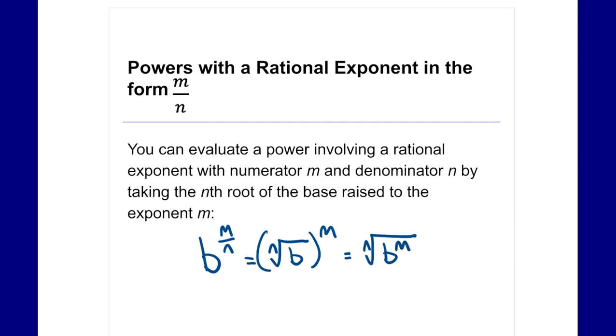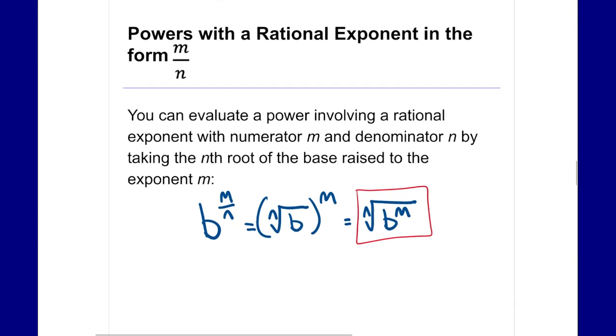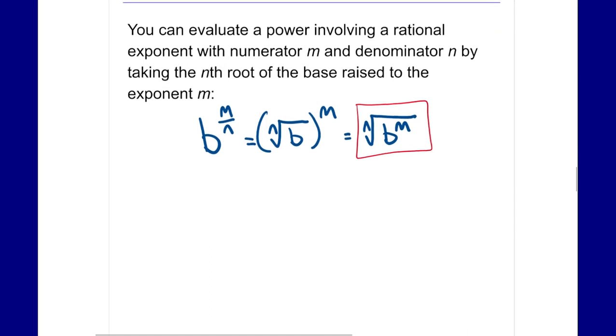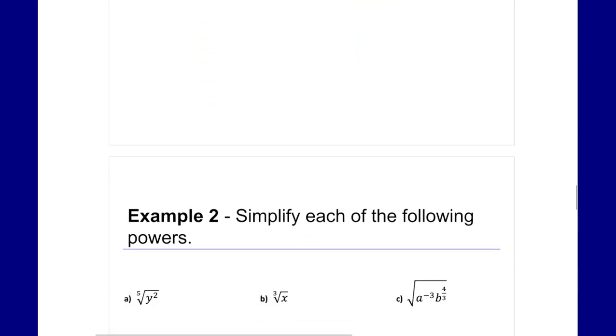So m could be on the outside or it could be underneath. It would end up being the same thing. Now, usually we want to stick with this format here, or that is more what we might see. So again, similar to the last one, except now we have a numerator that is not 1.